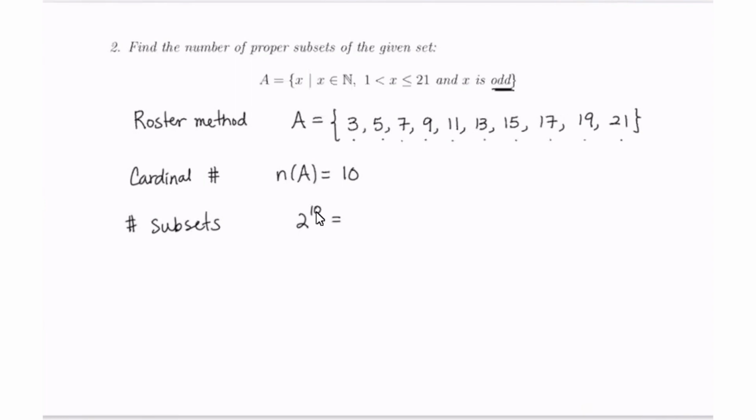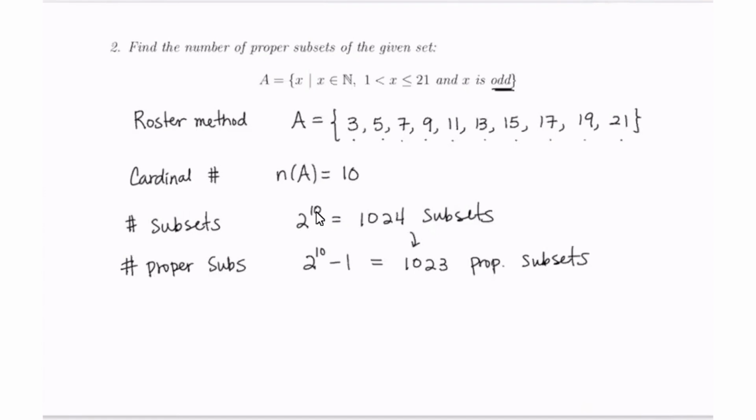You have a calculator. 2 to the 10th power is 1024. Number of proper subsets is 2 to the 10th minus 1, so it's 1023 proper subsets.